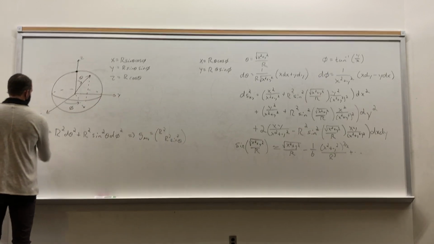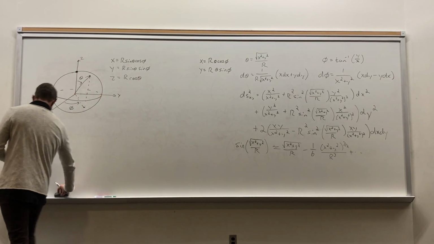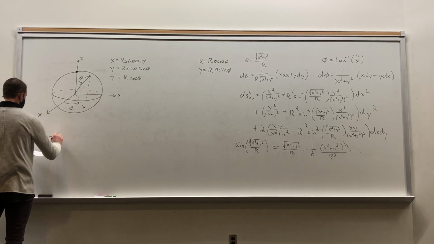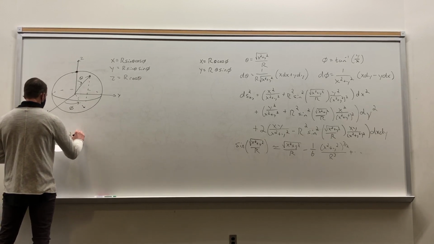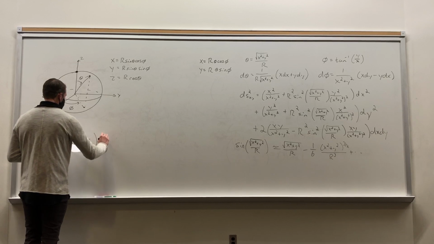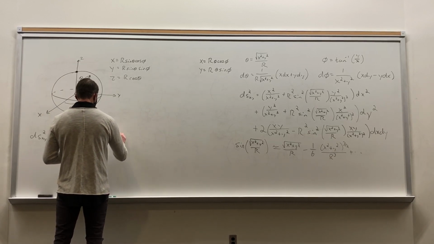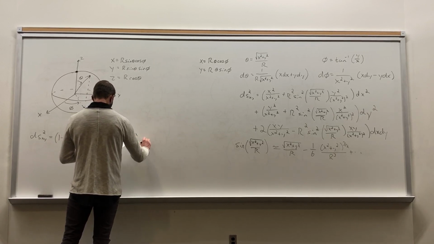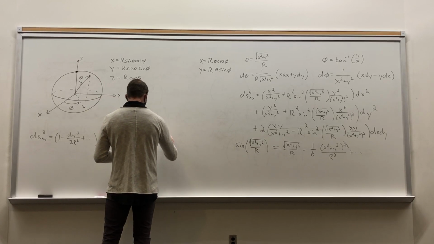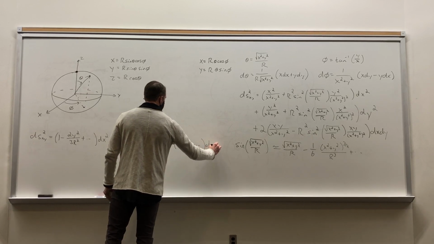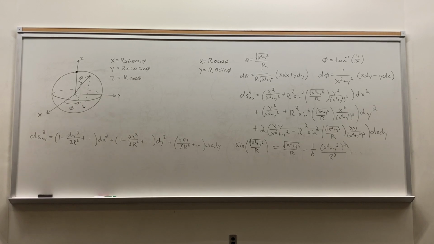And if we do that, our metric ends up in the approximate form: 1 minus 2y squared over 3r squared plus dot dot dot, dx squared, plus 1 minus 2x squared over 3r squared plus dot dot dot, dy squared, plus 4xy over 3r squared plus dot dot dot, dx dy. Okay? That's a little prettier.